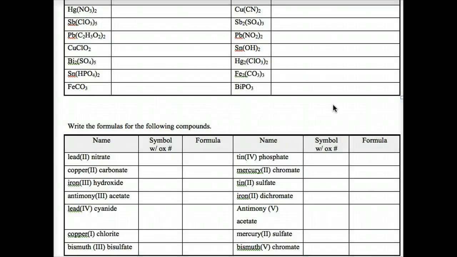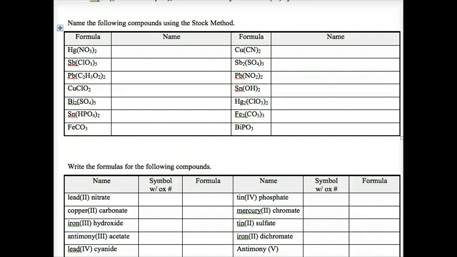All right. So the stock method of naming, just like before, going from the actual name to the formula, makes life actually easier. Now we actually have to think about going the opposite direction, figuring out charges in order to get the Roman numeral.